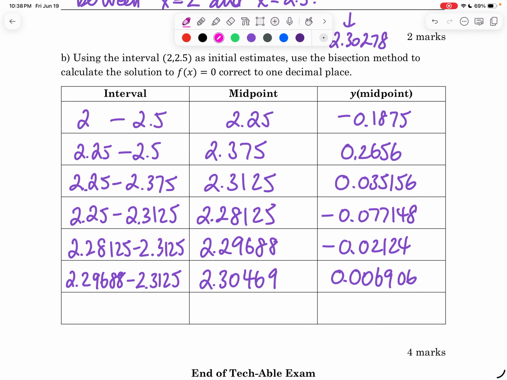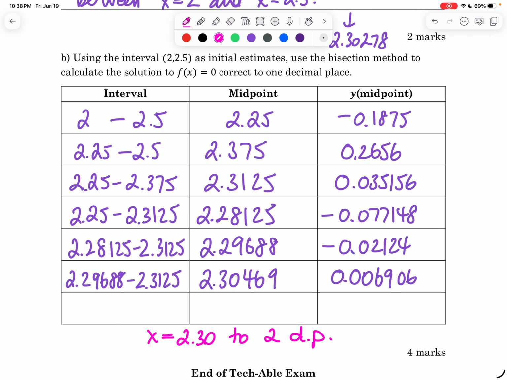And then we say here, because that's the actual answer, we know x equals 2.30 to 2 decimal places.